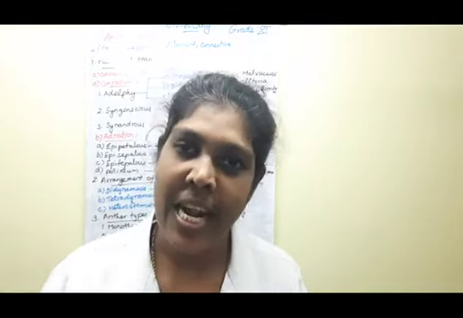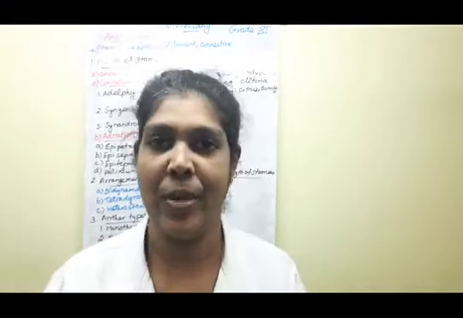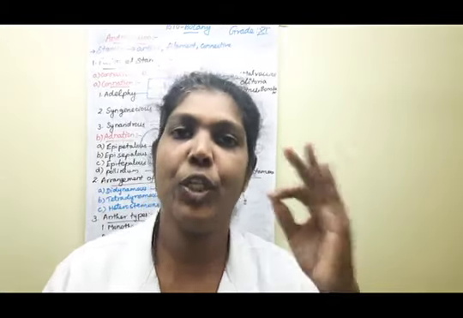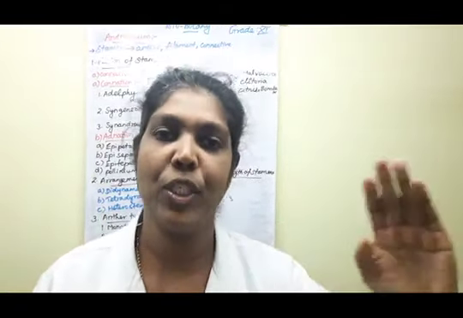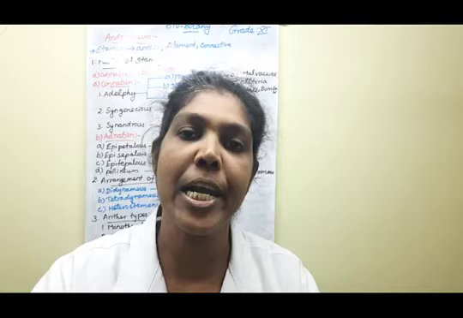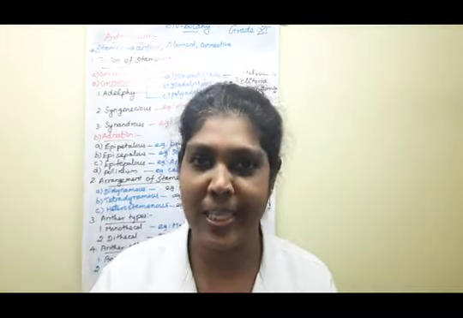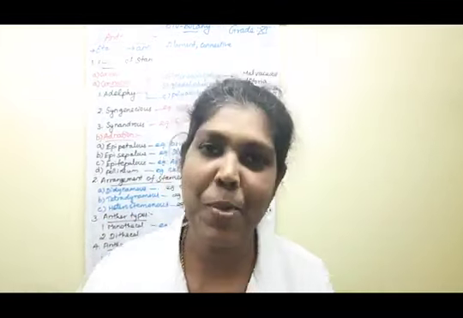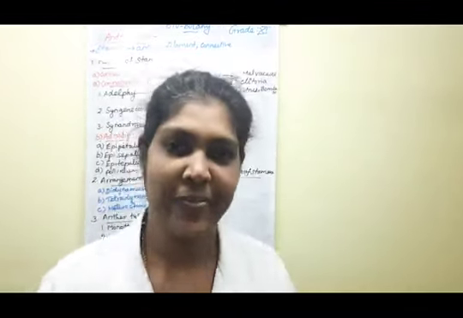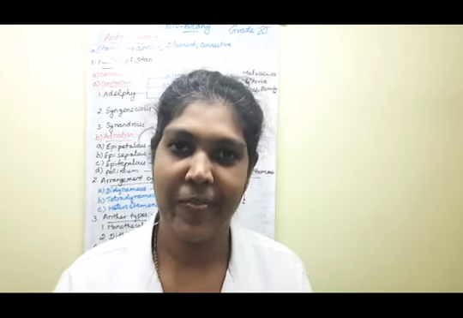Yes, good. Androecium and Gynoecium. Clear? So in today's class we are going to learn only the Androecium. My question is, what do you mean by Androecium? Please try to tell that answer.